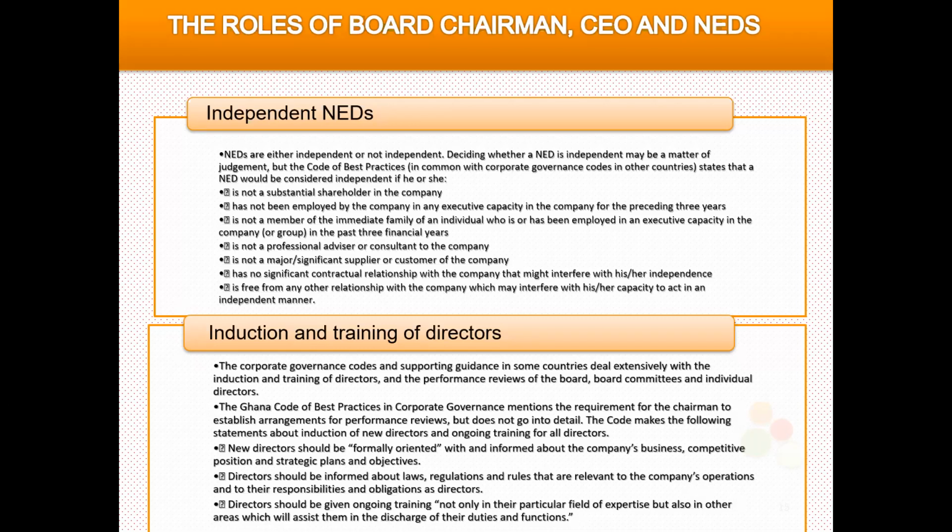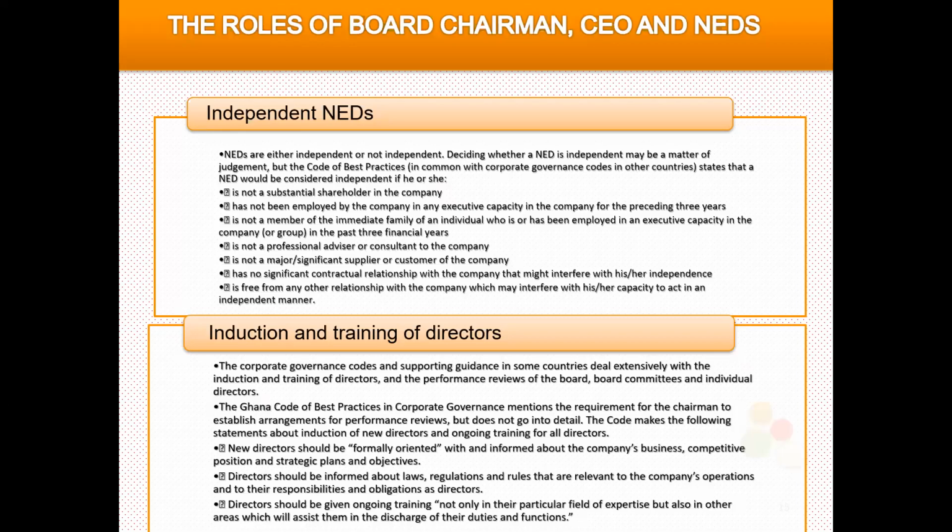We earlier mentioned that once a person is an executive director, it's impossible for that person to be independent. So for an NED to be independent, they should not have been employed in any executive capacity, as well as the other things that we've talked about in our discussion. Very, very important.